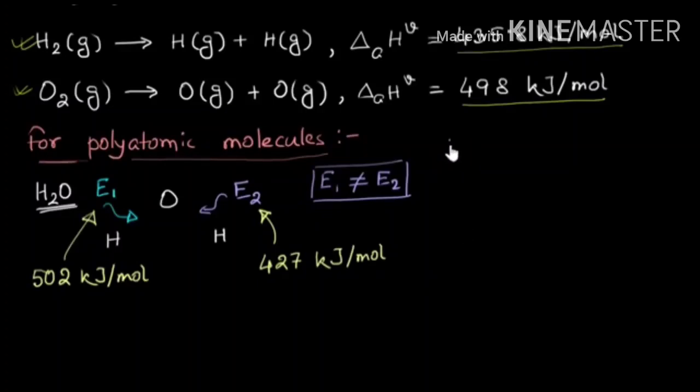In the case of a polyatomic molecule, we take the average bond energy for bond enthalpy. Hence, it is defined as the amount of energy required to break 1 mole of bonds of a particular type between atoms in the gaseous state.